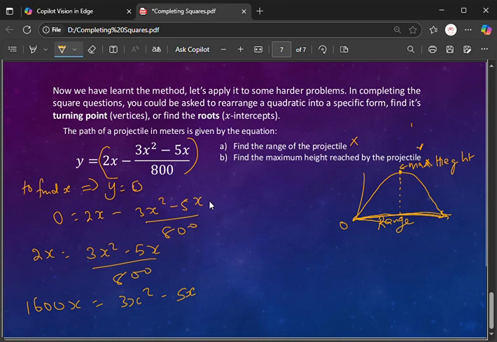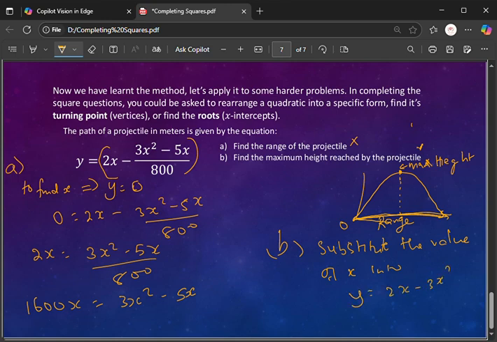After getting the value of x, this is part A. And part B, you use the value of x: I'll write here a tip, substitute the value of x into y equals 2x minus 3x squared minus 5x over 800 to get the value of y. All right.